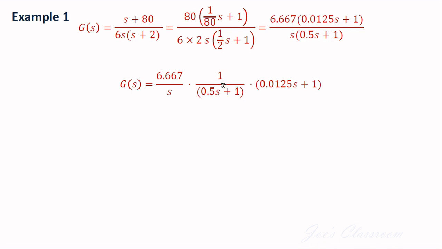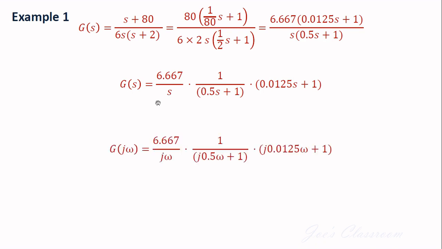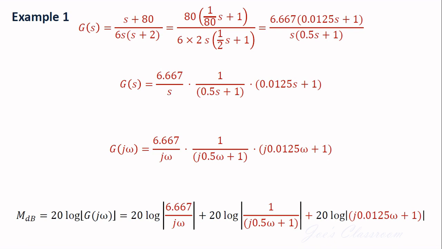Now, to sketch the Bode plot, I need to find G of j omega. I just get G of j omega by replacing all these s terms by j omega. And we also know that to sketch the Bode plot, the gain has to be found and converted to decibels. So if I convert the magnitude of G of j omega into decibels, this is the expression.